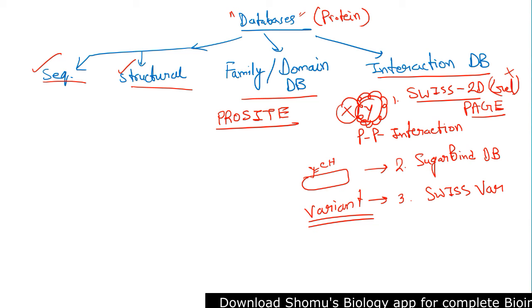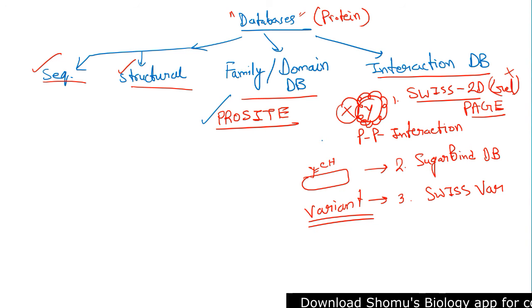So we have dedicated databases for dedicated approaches. If we are talking about the family and domain of a protein, ProSite is the database. If you are looking for proteins run through SDS-PAGE, then Swiss 2D-PAGE is the database. If you are looking at pathogens with surface sugar moieties, the database for that is SugarBind database. And for variants of a virus or a bacteria and the protein structure for that, the SwissVar database.